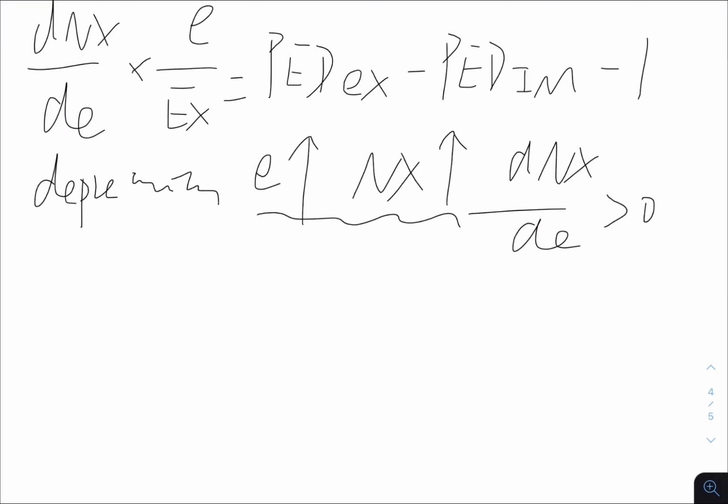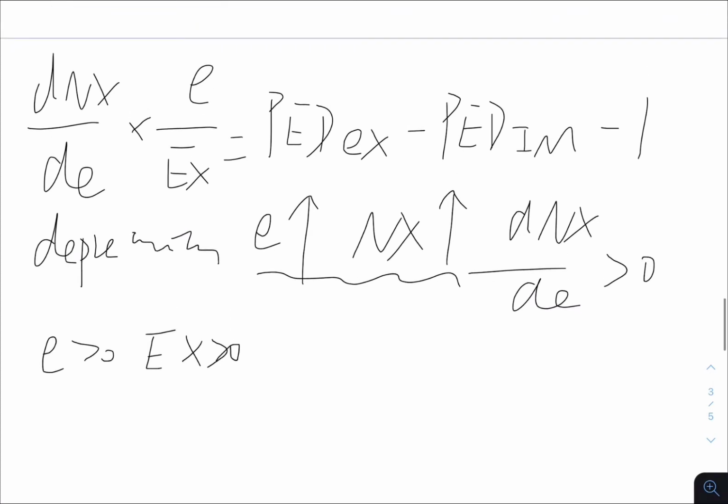And we know that the exchange rate is bigger than 1, so is the export. As a result, on the left side of this equation, this part is bigger than 0, so is this part.